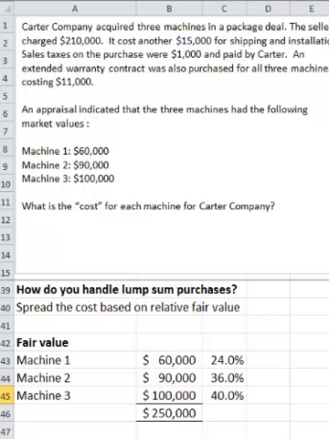And so we then take that percentage of the total fair value and multiply that times the cost for each of the 3 assets, and that will give us the cost of that asset.